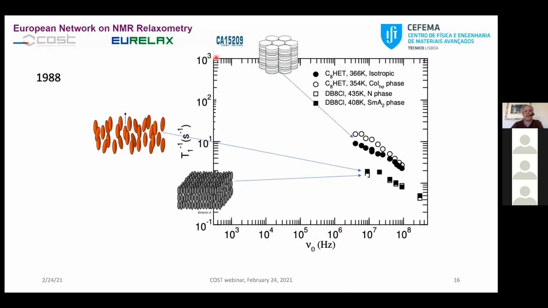So basically here we are at the limit of the resolution of modern fast field cycling relaxometers. In the low frequency part we are able to detect very low viscosity liquids. And as I said, I was able to make these measurements.